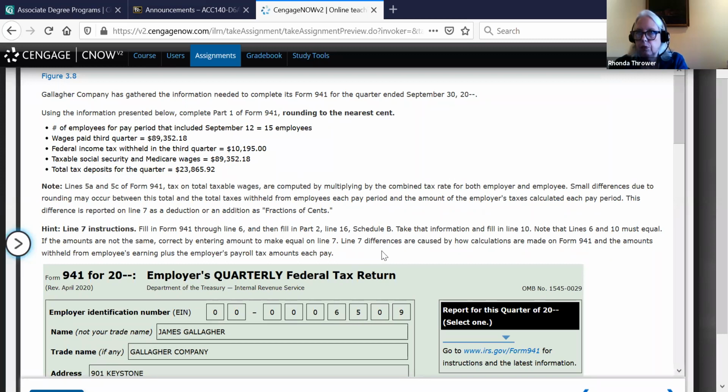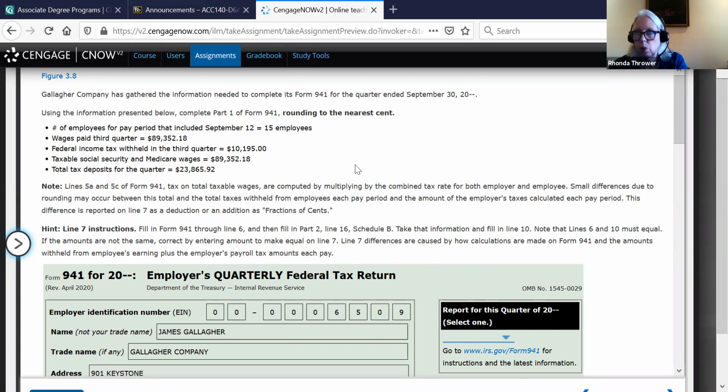Line 7 differences are caused by how calculations are made on Form 941 and the amounts withheld from the employee's earnings plus the employer's payroll taxes in each pay. So to make this a little bit simpler, we're going to first fill out only part 1 of this form.